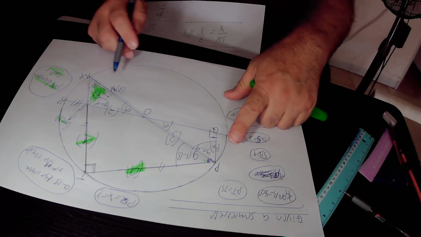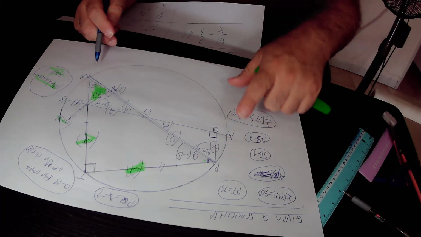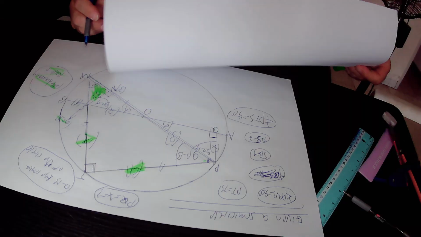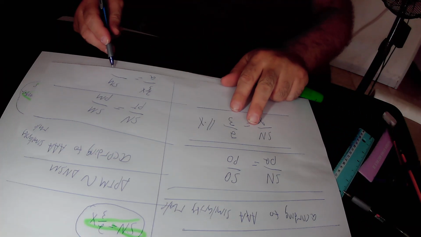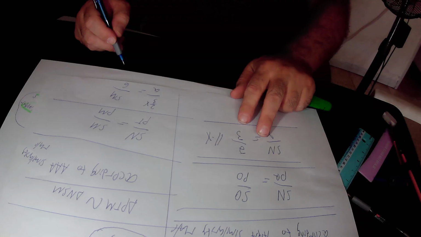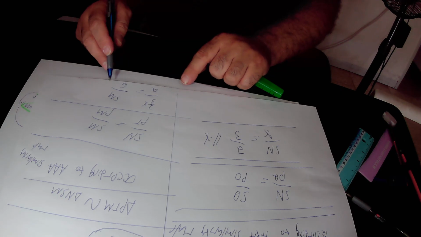So PM is the diameter of the circle, and it equals 6 units in length, twice as long as the radius of 3. So in total, we have two-thirds x over A equals SM over 6.